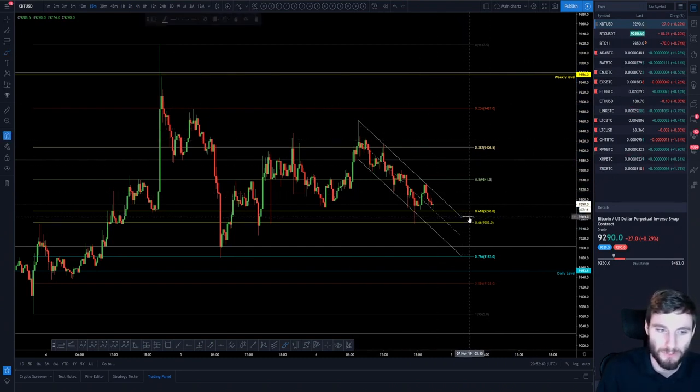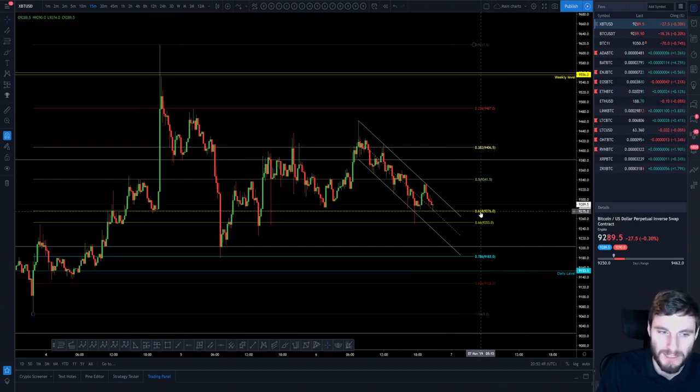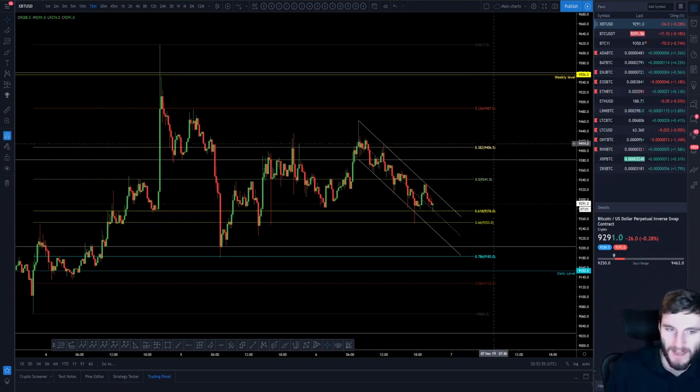If there was strong support at both, but if there was strong support at 382, I'd be more inclined to buy the 382 and not ladder to the 618, because if I think it's going to bounce at 382, there's no need to ladder down in that, in my opinion. But yeah, laddering is a good option if you don't have the confidence of entering a full position at one level.